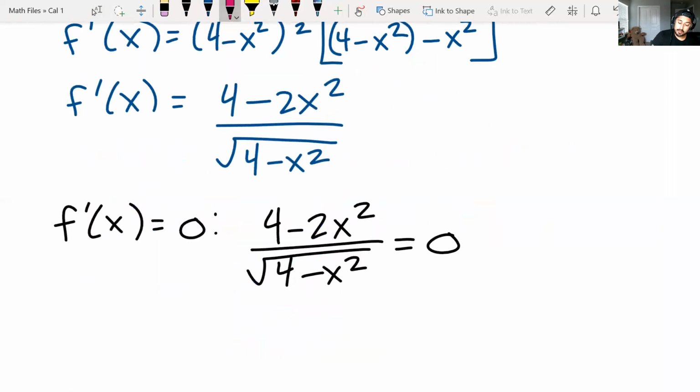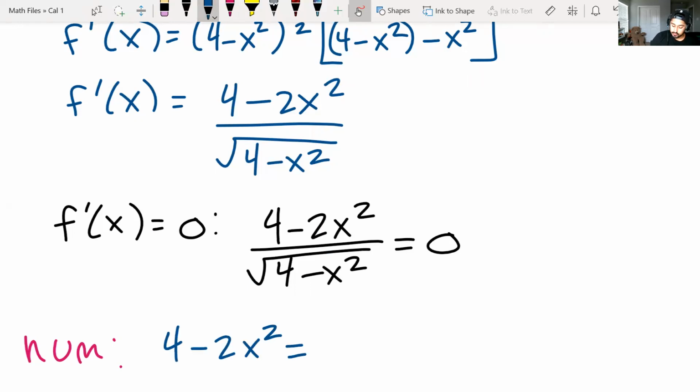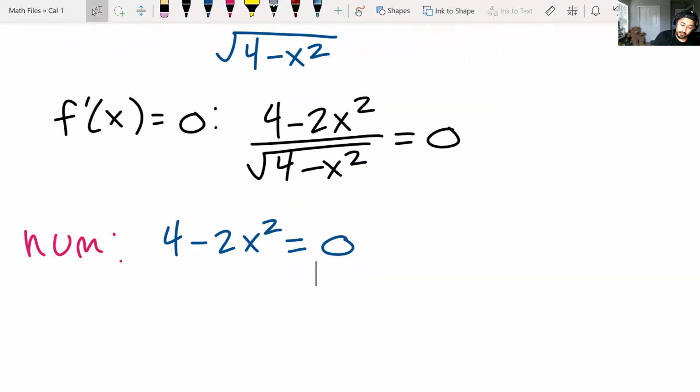And again, this is rational, so we want something from the numerator. 4 minus 2x squared equal to 0. Move that over. Just move the 4, why not? Looks better that way.